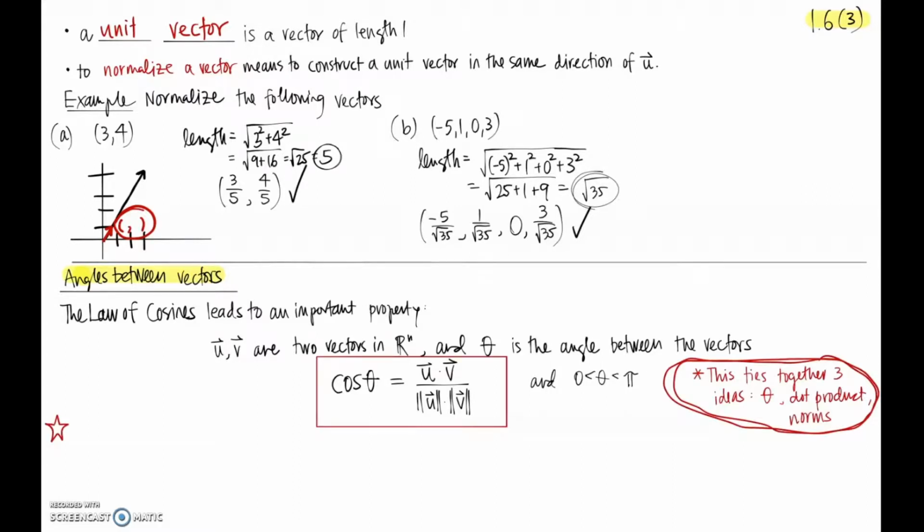So now I want us to think about a big question. In this formula for the cosine of theta, that angle between the two vectors, what happens if the dot product between those two vectors is 0?